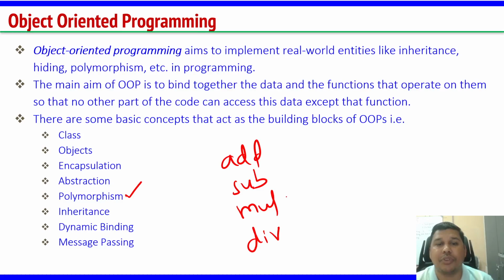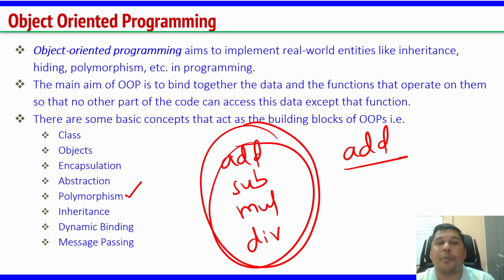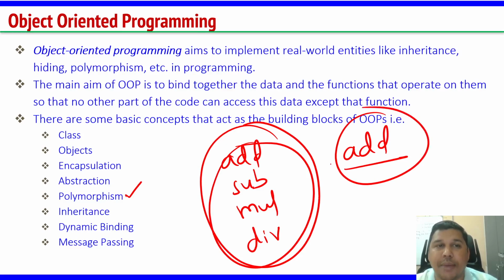Instead of creating 4 different functions, you can create a single function name, add, and achieve all 4 operations with it. In C, if you declare two functions with the same name, it will throw an error, but here it is possible.